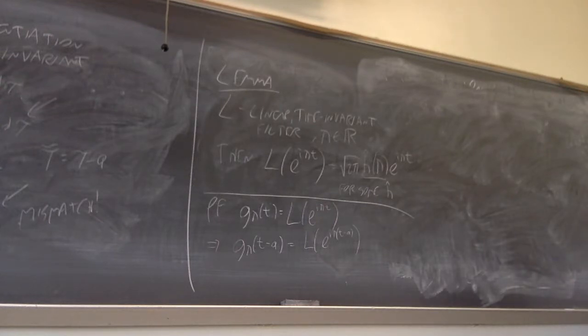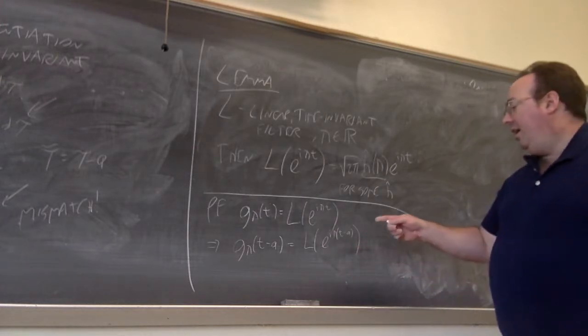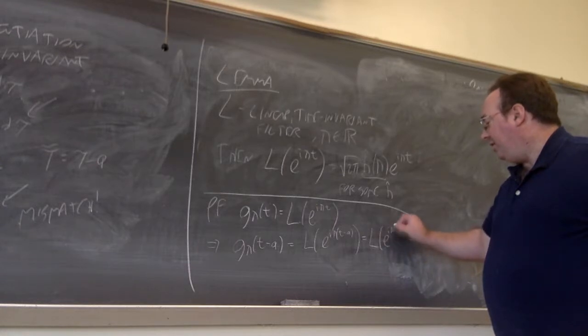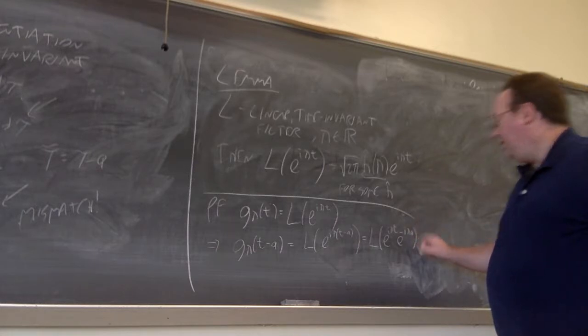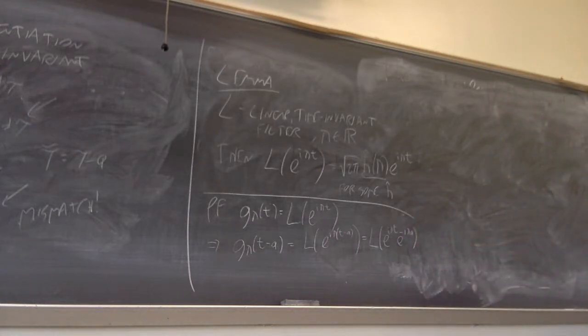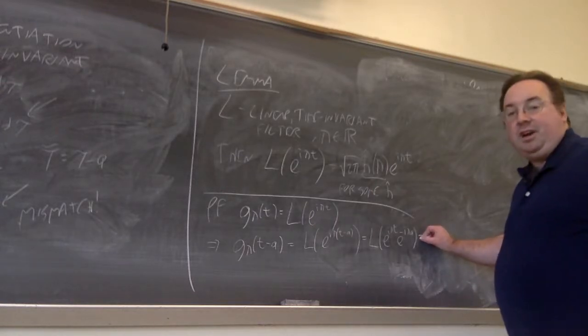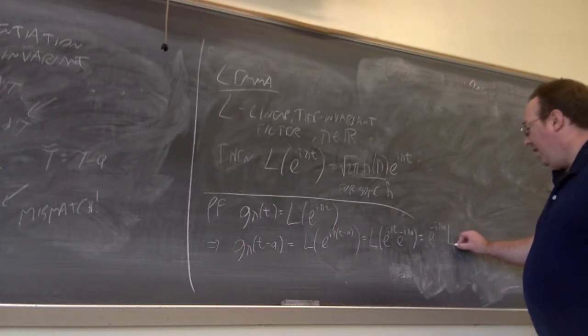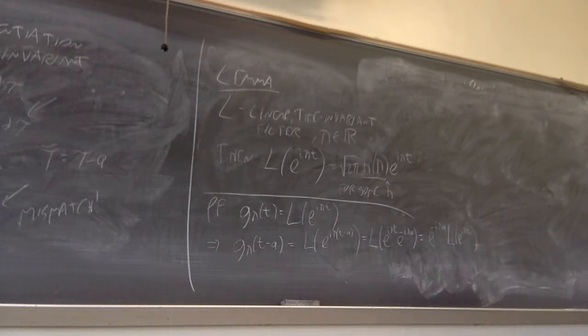Now, I'm going to break this down and write this as e to the I lambda t, e to the minus I lambda a. Now, e to the minus I lambda a is a constant. This is a linear filter. That means I'm allowed to pull the constant out. So e to the minus I lambda a L e to the I lambda t.